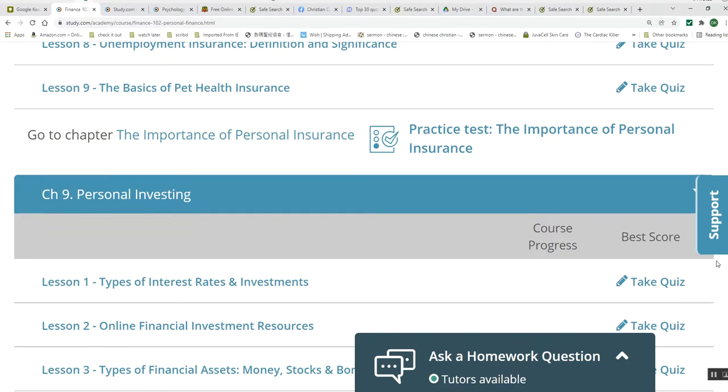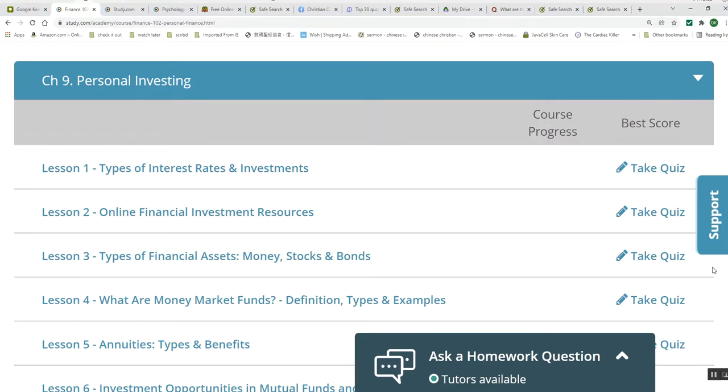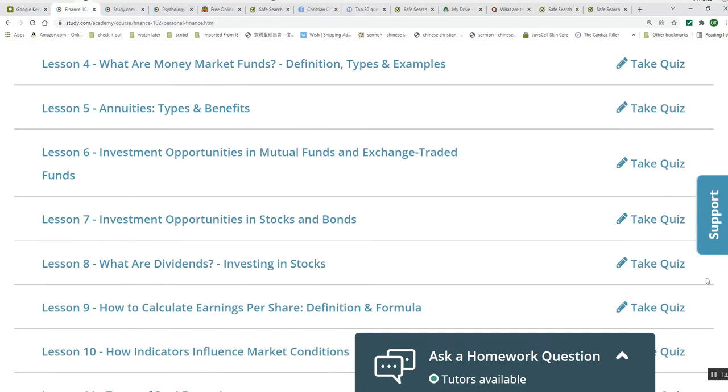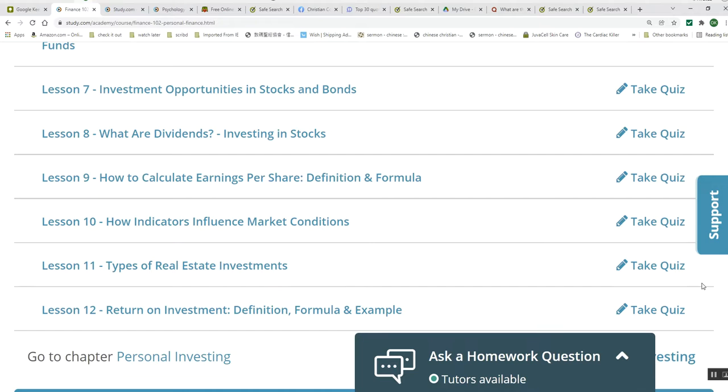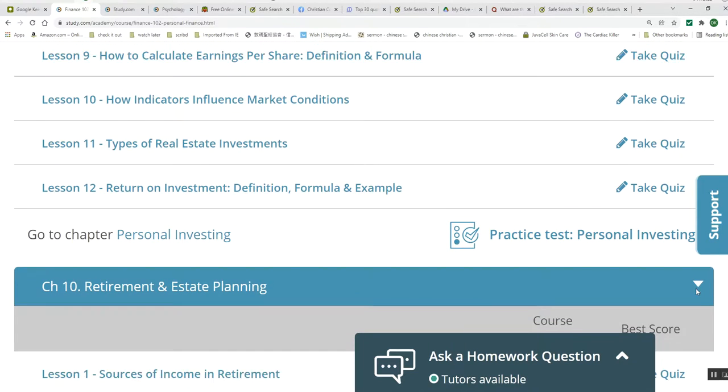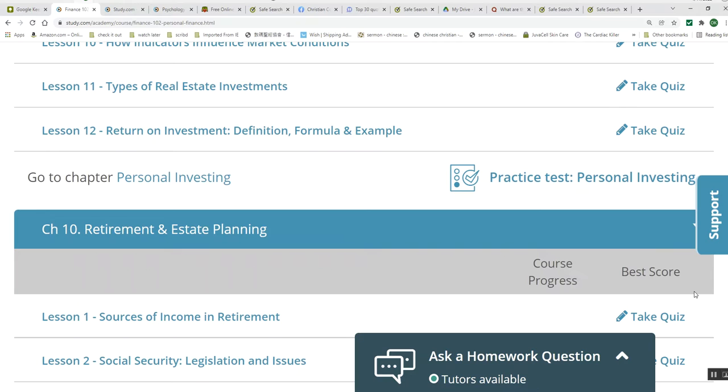Number 9, personal investing: mutual funds and annuities and stocks and other types of investment. Number 10, which is the last half of a person's life, retirement and estate planning.